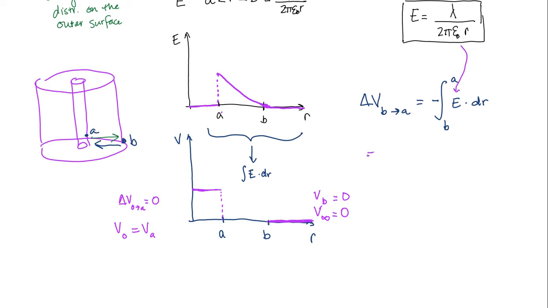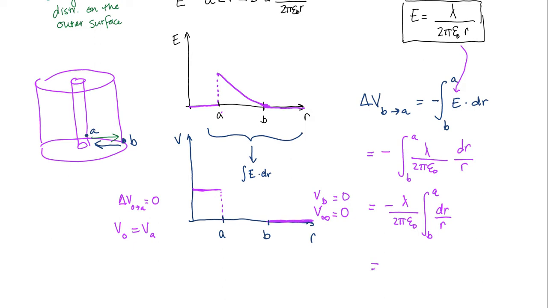So I'm going to say it equals negative integral from B to A of lambda over 2 pi epsilon naught. That's all the little constants. And now r is the actual independent variable, so I'm going to put it here on its own. dr is the variable of integration right here. So I have dr over r. Now what I'm going to do is pull out all my constants, so I have negative lambda over 2 pi epsilon naught integrated from B to A of dr over r.